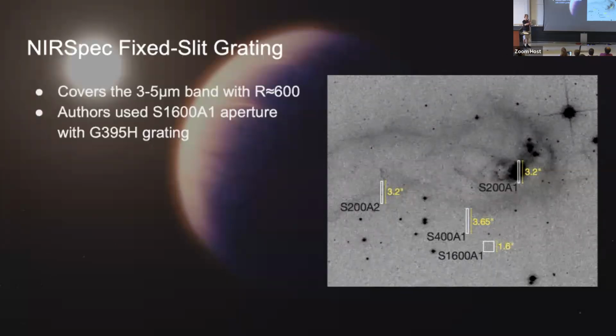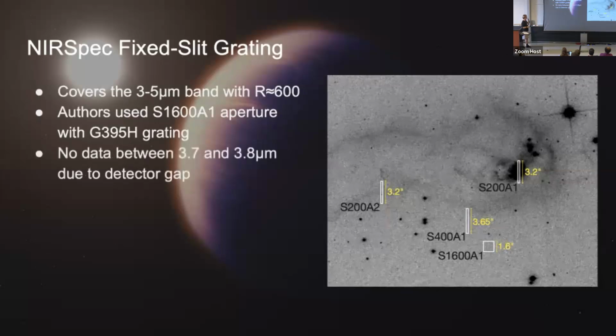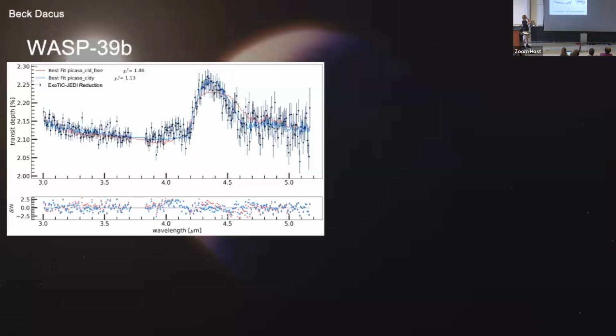But the way that these authors used the instrument, the particular aperture and grating, and the way they binned the spectra, they covered this 3 to 5 micron region and had a spectral resolution of about 600. There's also a detector gap corresponding to the region between 3.7 and 3.8 microns that you are going to see right now.